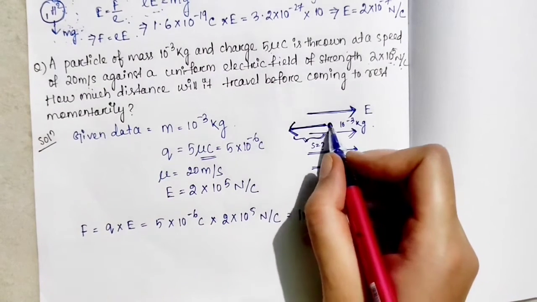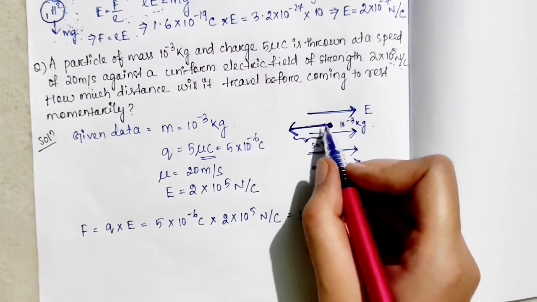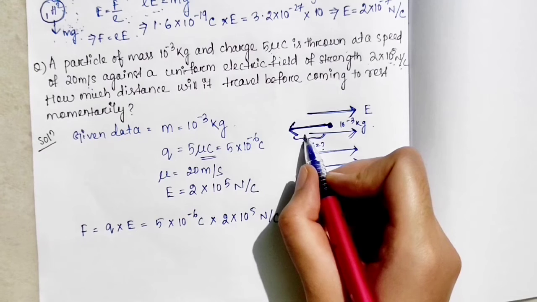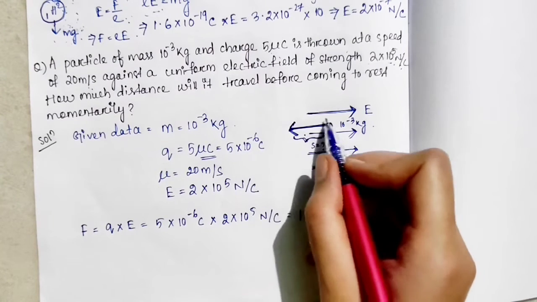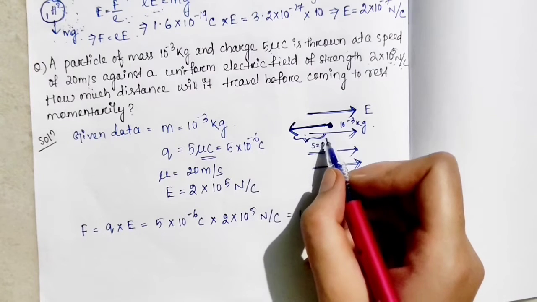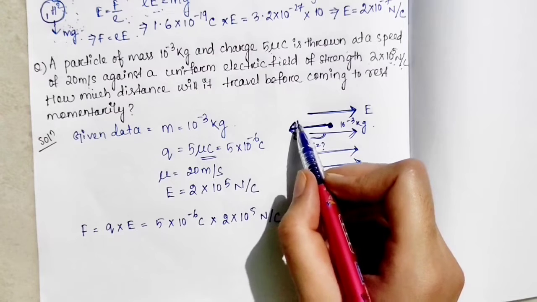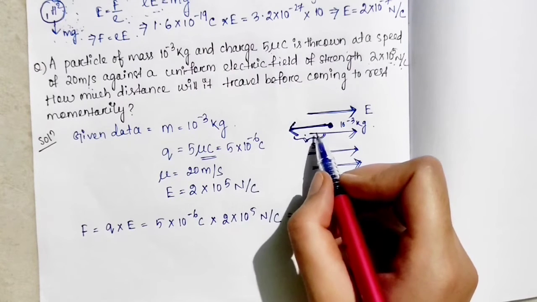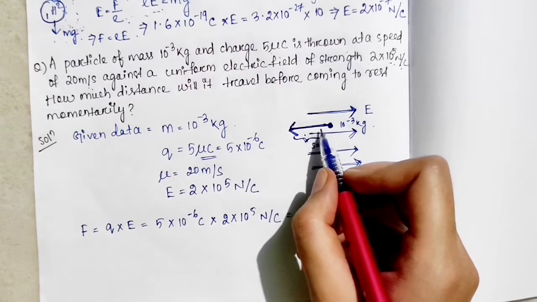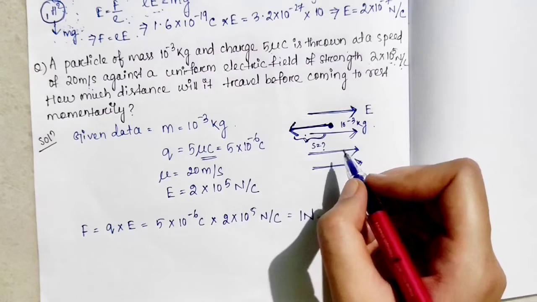In the figure we can see, if we throw that particle opposite to the electric field, then an acceleration is also developed in that particle, which is negative because it is opposite to the electric field. The force is exerted on this particle, and the acceleration is also negative. So further we calculate the acceleration.